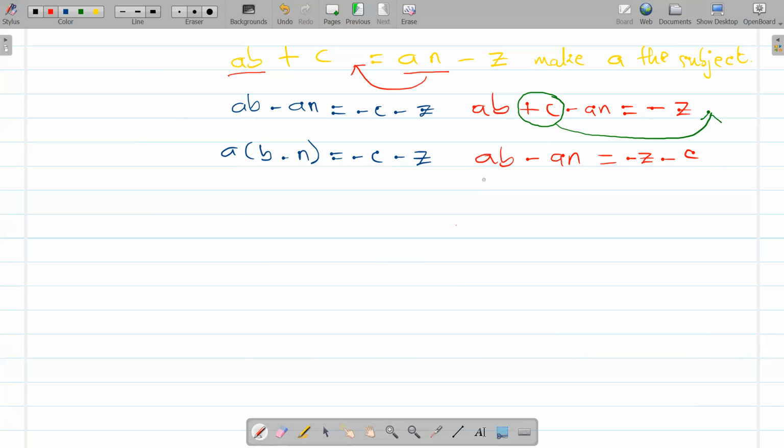A. So now you write your A, and the rest you put in the bracket. Be mindful of the sign, the operator, it can be plus, it can be minus. So B minus N, which is equal to minus Z or minus C, or you can do it minus C minus Z. It's still the same.